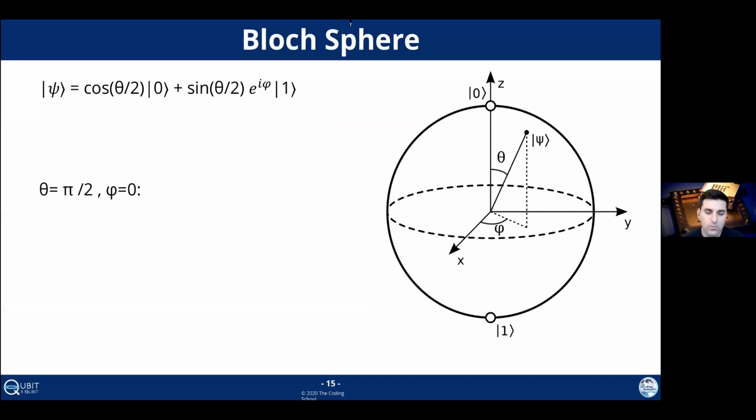So what quantum state do I get for this value of theta and this value of phi? Okay, let's take another 15 seconds to let me know what you got.